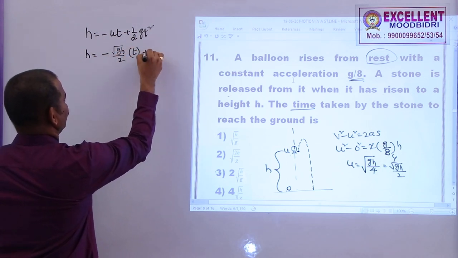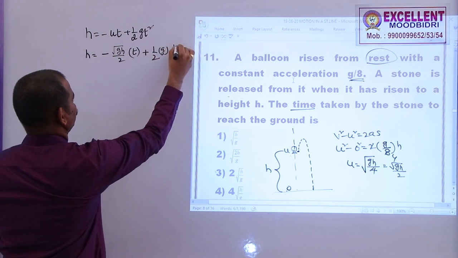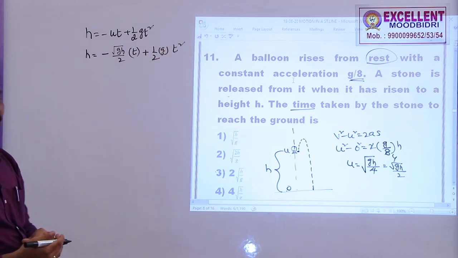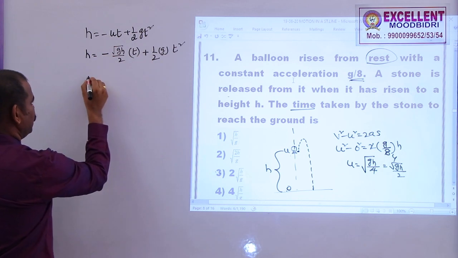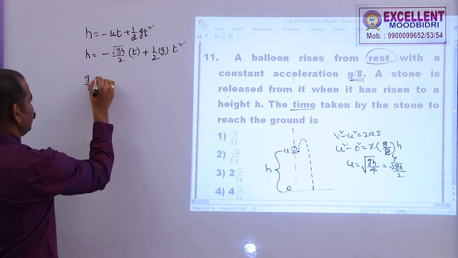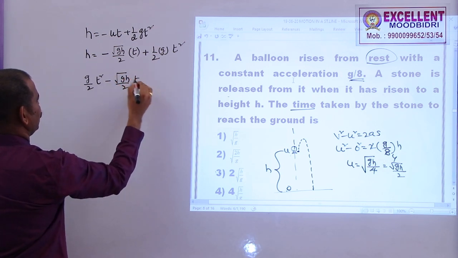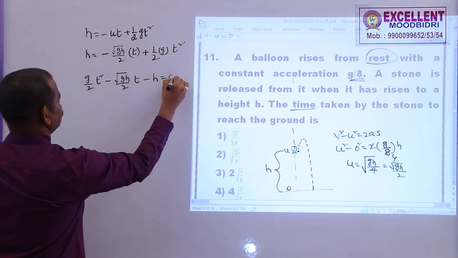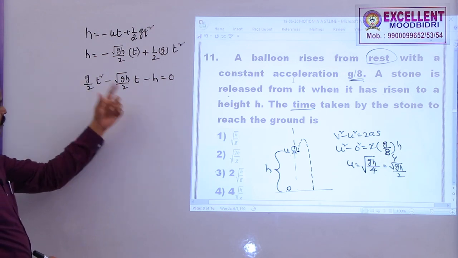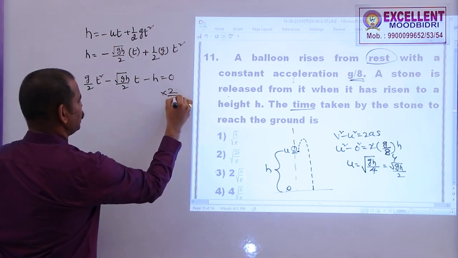Now h is given by minus root over gh/2 times t, the time we are finding, plus half g t squared. This is a quadratic equation, so let me bring this to this side. This will become g/2 t squared minus root gh/2 t minus h is equal to 0. Now multiply with 2 by g.